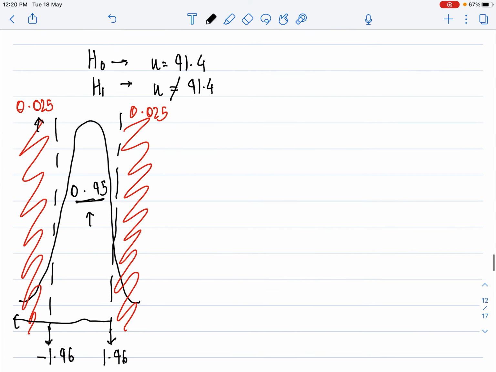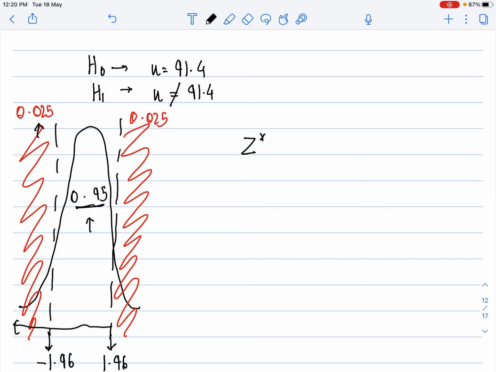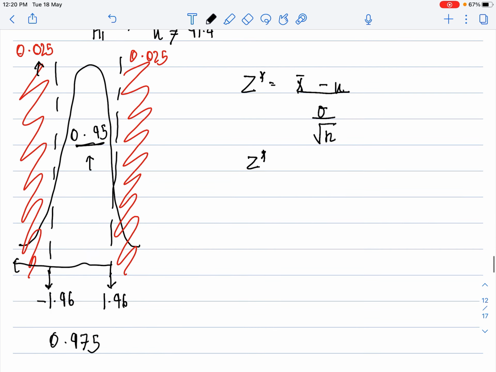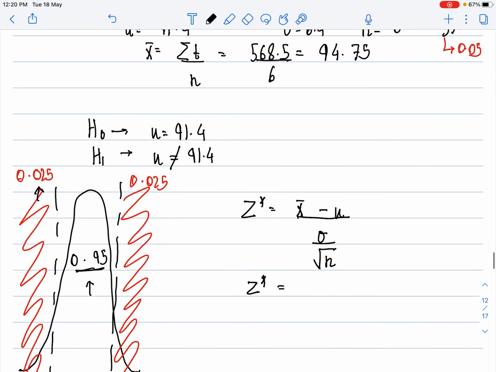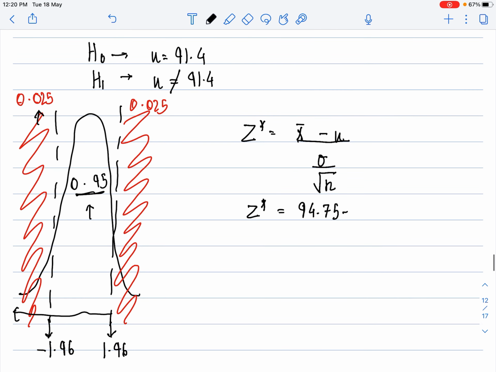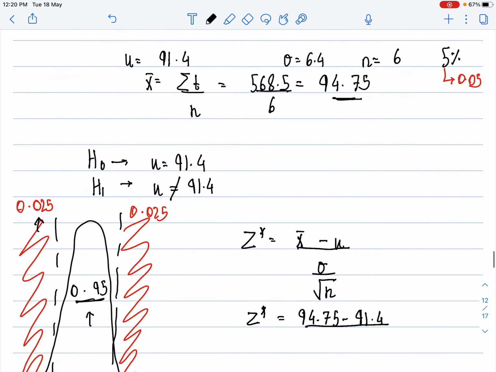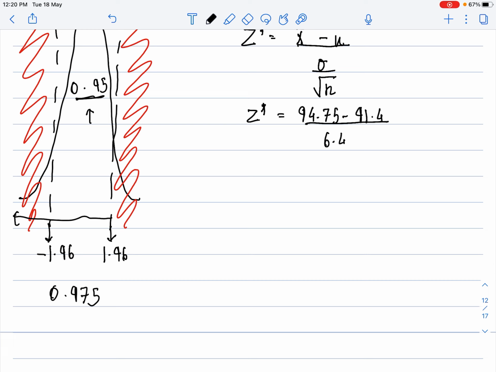Now I need to calculate my Z statistic value, which is given by the test value minus the mean, over the standard deviation over root n. So my Z statistic value is 94.75 minus my mean 91.4, over the standard deviation 6.4 over root 6.